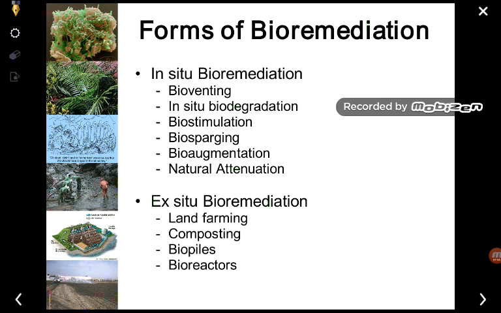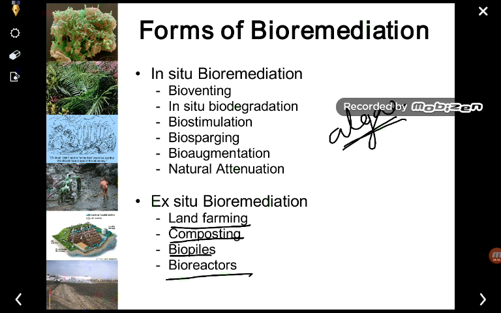And ex situ bioremediation includes land farming, composting, biopiles, and bioreactor. You must have heard about the bioreactor. A bioreactor is a type of reactor in which the organism is grown, where the environmental conditions required for the organism are supplied. Consider if you want to grow an algae, you have to provide all the environmental conditions necessary for the growth of that algae.